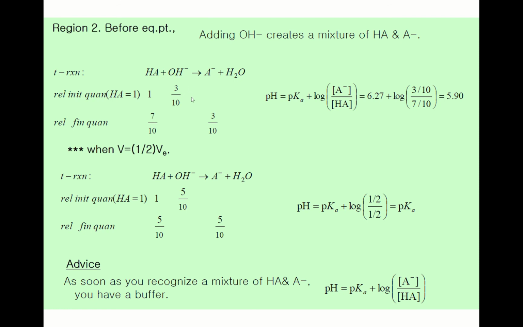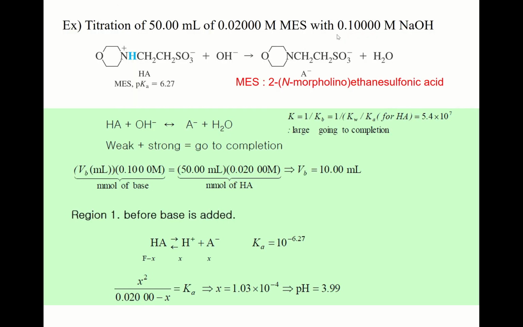The number of moles of added hydroxide ion is 0.1 times 3 ml, which is 0.3 millimole. But the initial amount of MES is 1 millimole.